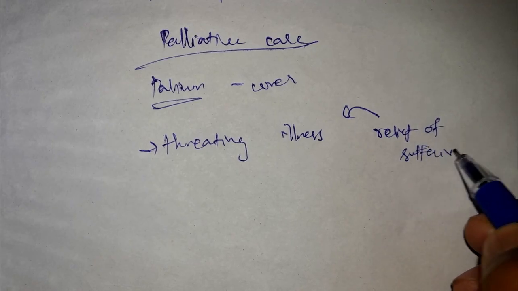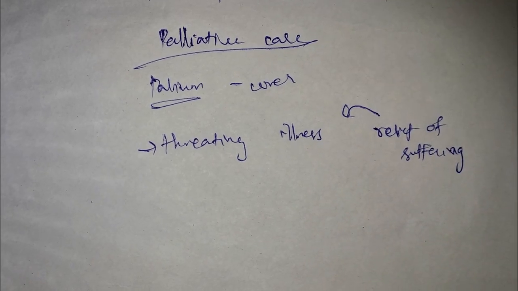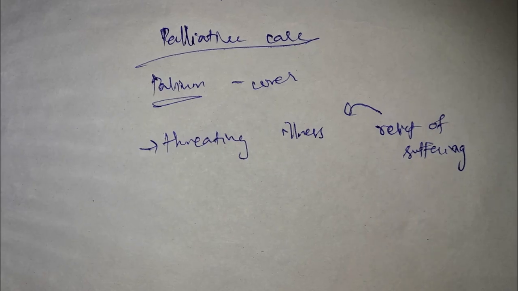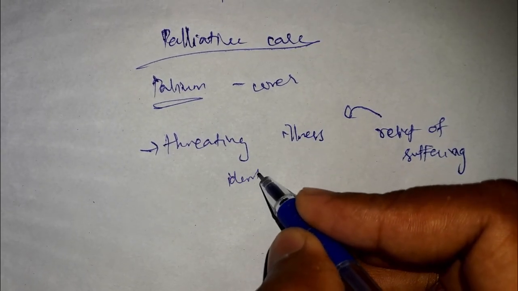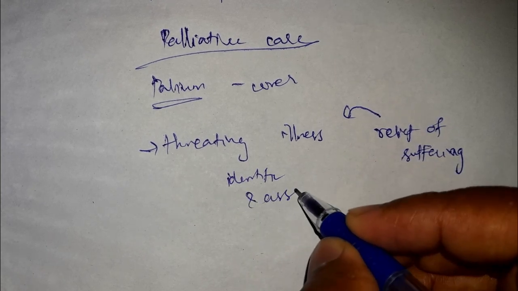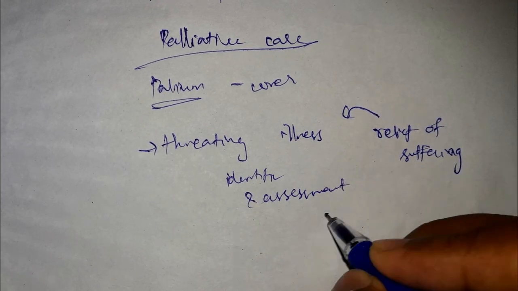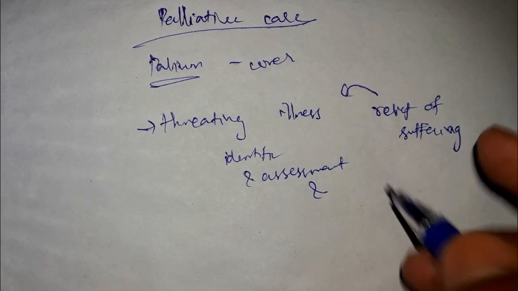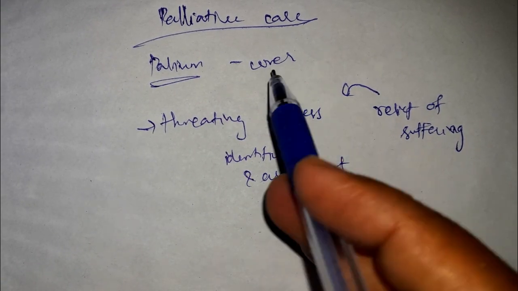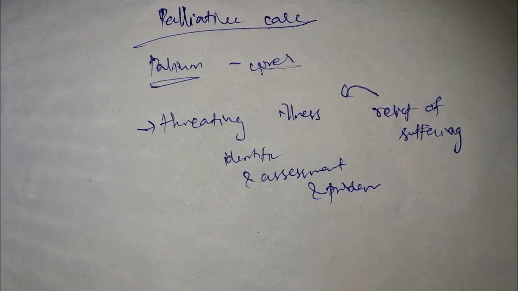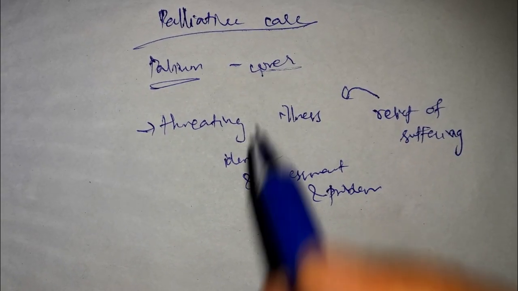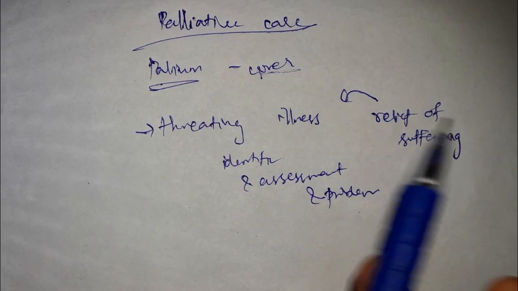And we can try to prevent it by means of early identification, assessment and treatment. Even though it is incurable, we make the patient relieved from the suffering. So we are going to cover the disease. The suffering should not be felt by the patient, that is the important goal.